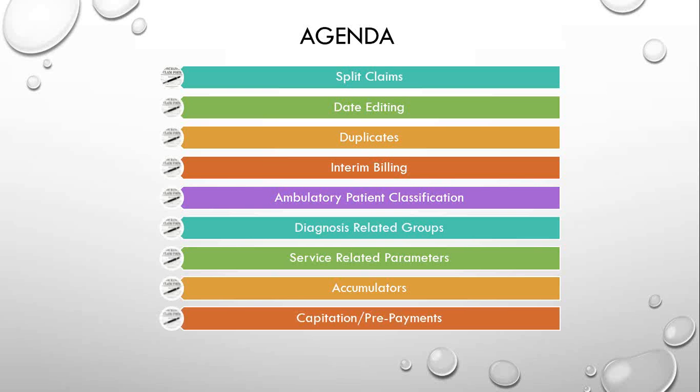Capitation and the prepayment. What is capitation? Capitation has to do with the member encounter. Member encounter has to do with the member detail and how the provider is getting paid, whether he is getting paid per member per month.